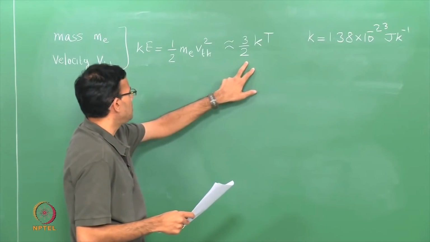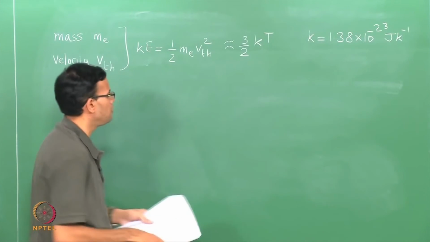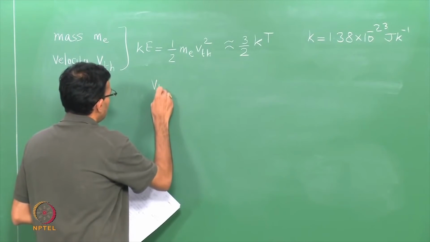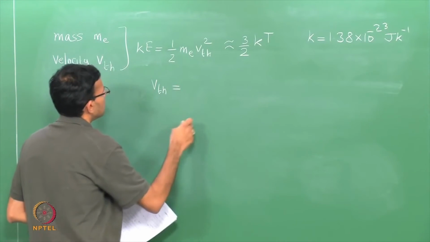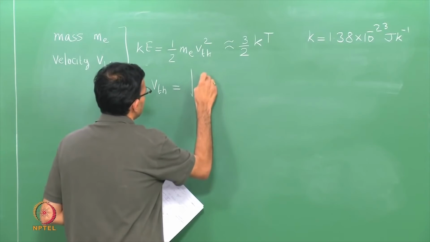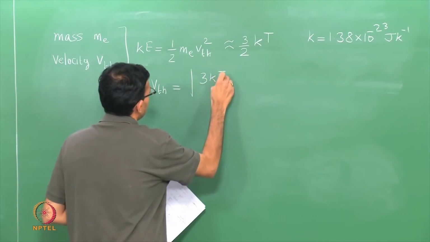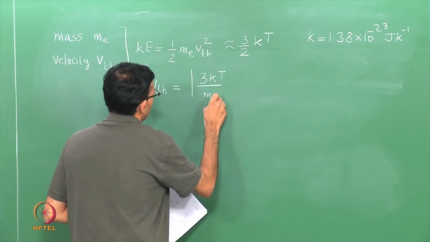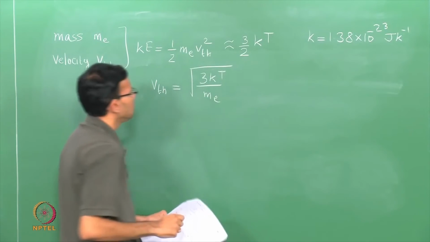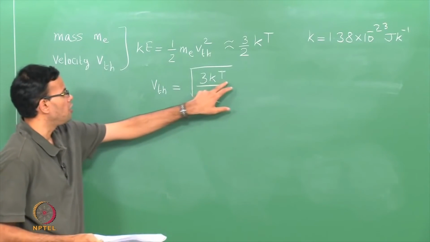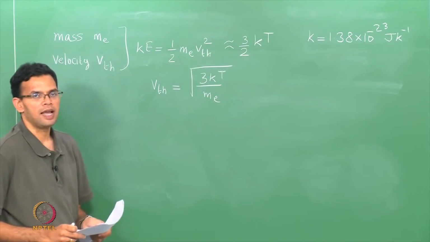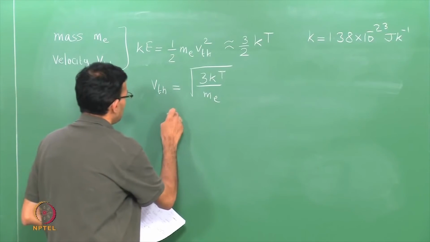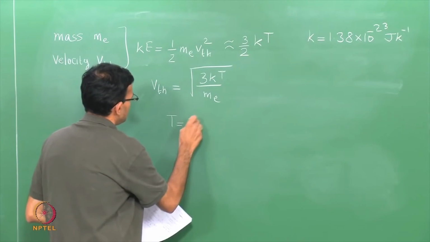Equating this expression, we can find a value for V thermal, or the velocity of the electron, which is nothing but square root of 3 kT over me. We can again plug in all the numbers. We are doing this calculation at room temperature, so temperature is 300 Kelvin.